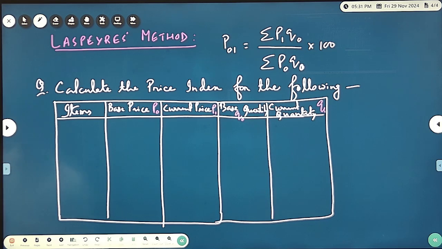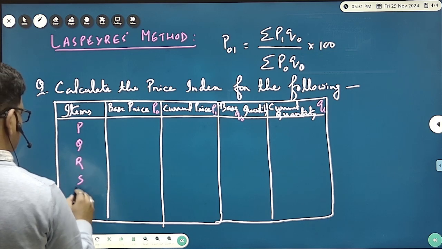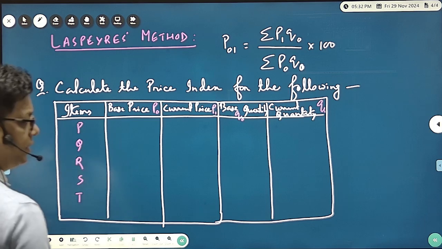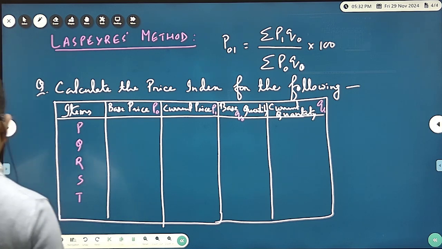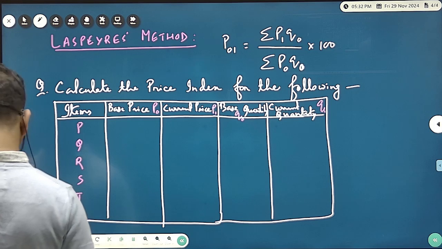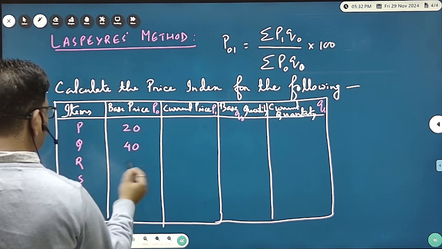It's not very difficult. Suppose the items are P, Q, R, S, T. I'm not writing any names; we can write any name, rice, sugar, or whatever items. Now the base price, suppose it was 20, 40, 35, 60, 24. I'm giving a very easy example.